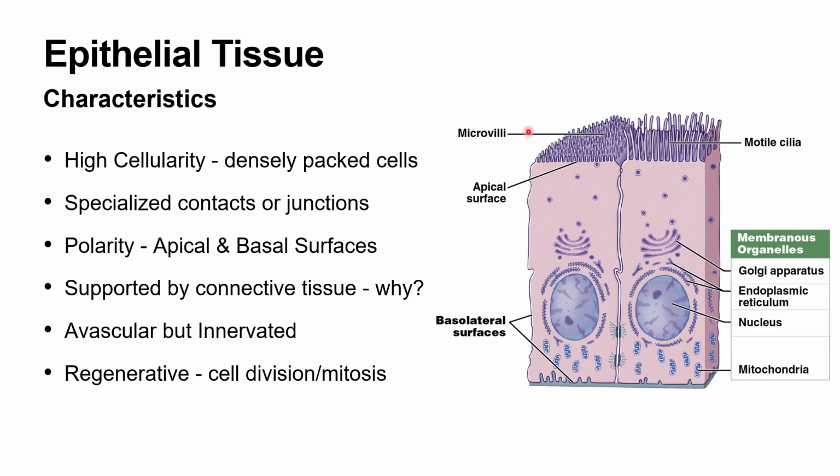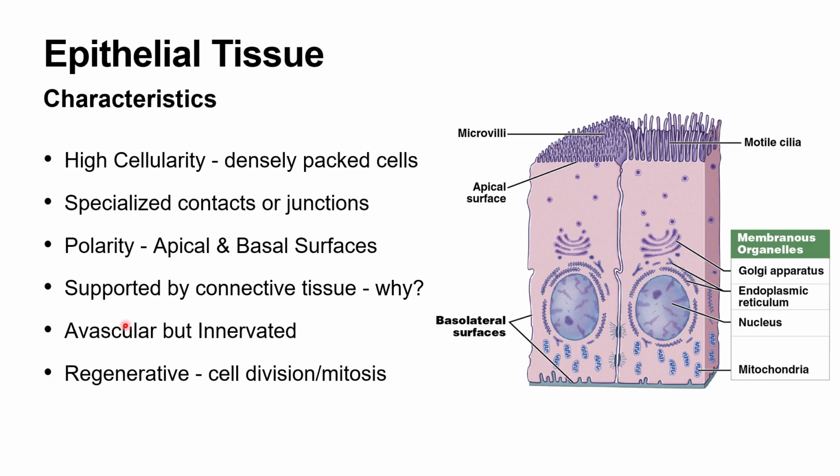Another important characteristic of our epithelial tissue is that epithelial tissue is going to be avascular but innervated. So avascular, if we take this and break the word down, A means without, and then vascular just is referencing our blood supply.